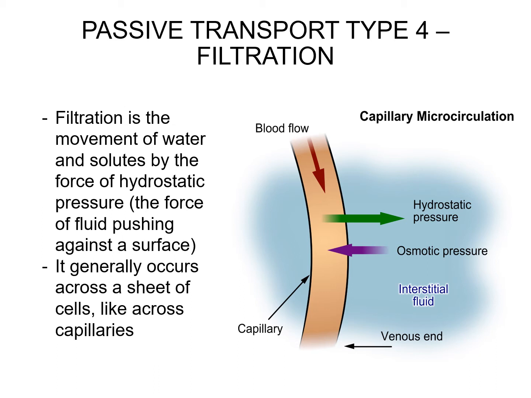Another type of passive transport is known as filtration. Inside of tubes throughout our body, in this picture you can see it's a capillary, a small blood vessel, we have fluids, and those fluids exert a pressure against the inside lining of the tube.